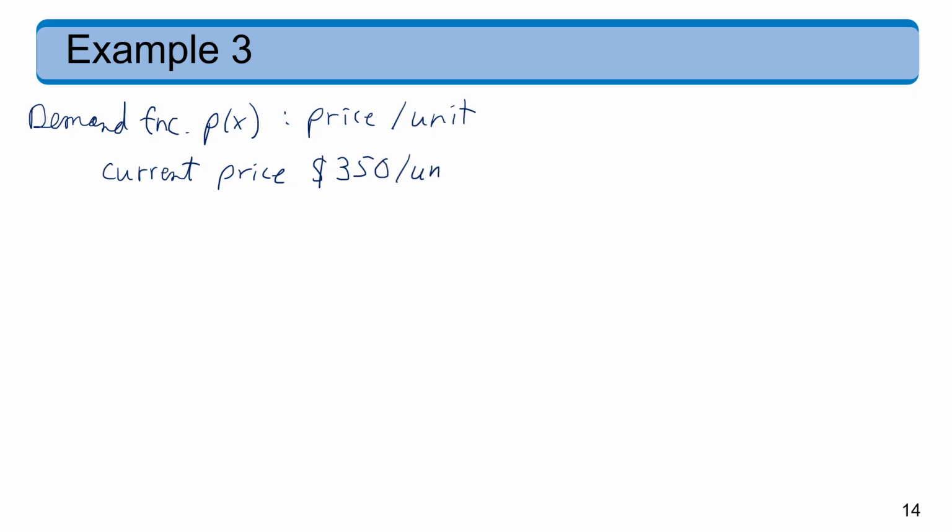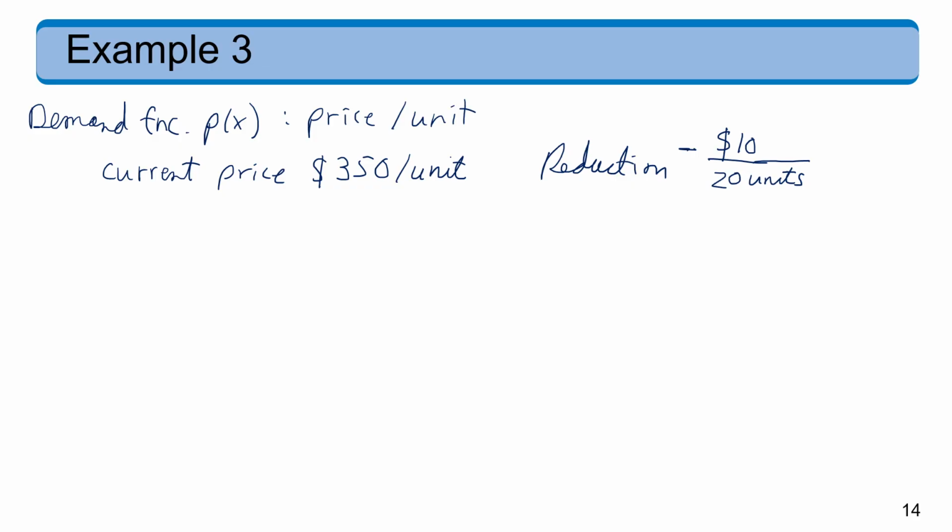But we're considering reducing the price. Okay, so the reduction, we were told for every 20 units produced, the price will decrease by $10. So it's subtract that amount, right?